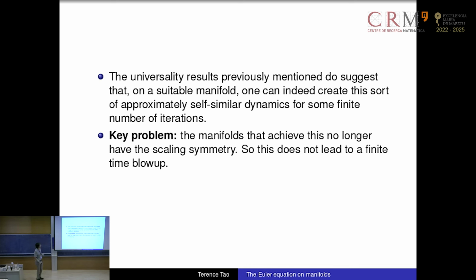And this has been the stumbling block despite space. It doesn't lead to blow up on any manifold because of the fact that on the blow up you have to increase the universality.